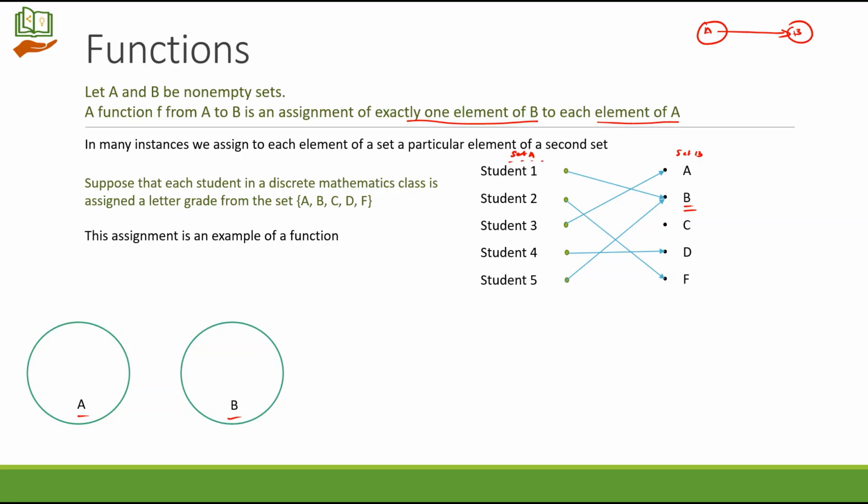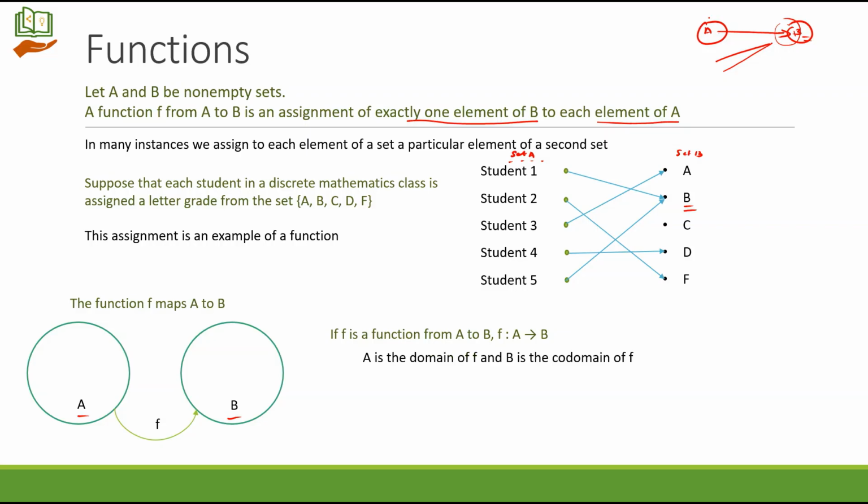But each element of the first set, A, should be assigned only one value from the other set. So we can say the function f maps A to B. If f is a function from A to B, then f can be represented as f: A to B. A is the domain of f and B is the codomain of f.